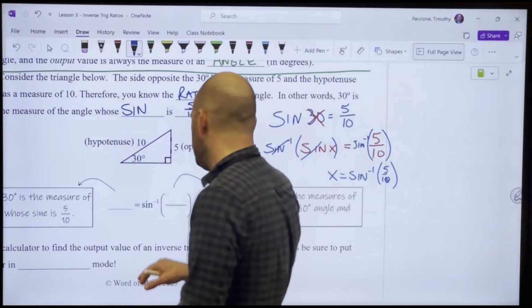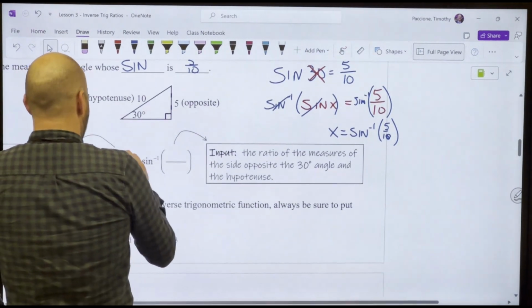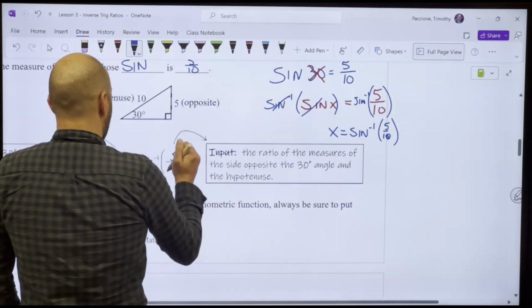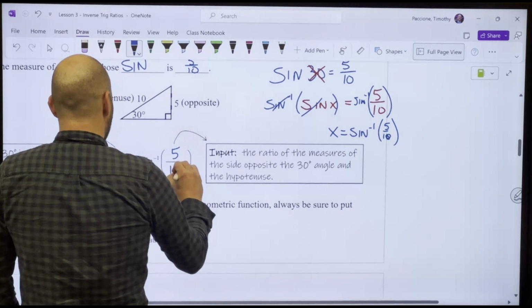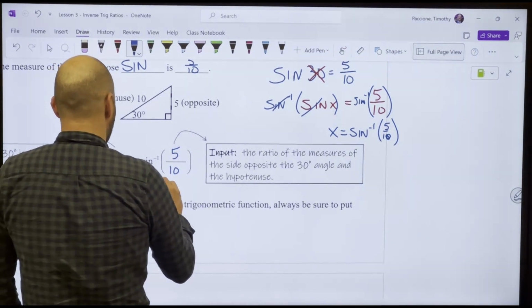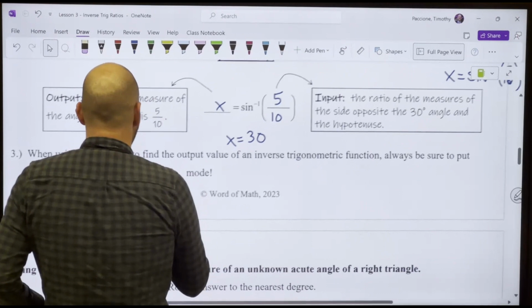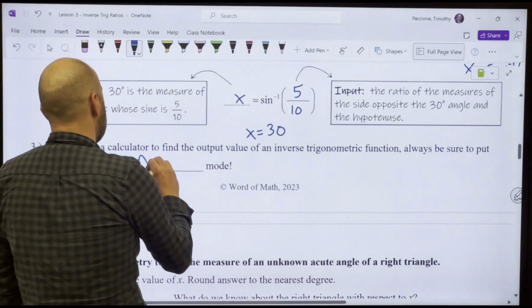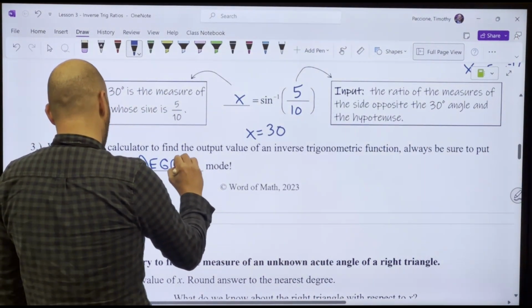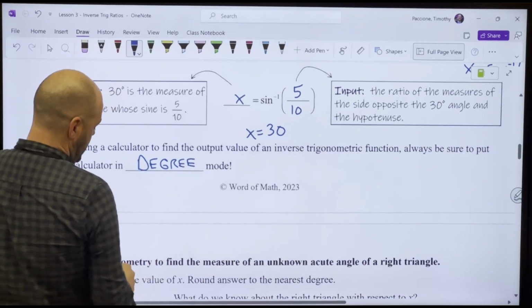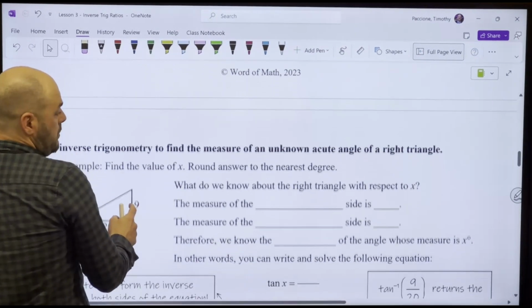So it works, right? So x equals sine to the negative 1 of 5 divided by 10, x equals 30. Okay? Make sense what we're doing? Questions? All right. Now, one thing, always check that your calculator is in degree mode. Otherwise, you will not get 30. You will get some other answer. All right.